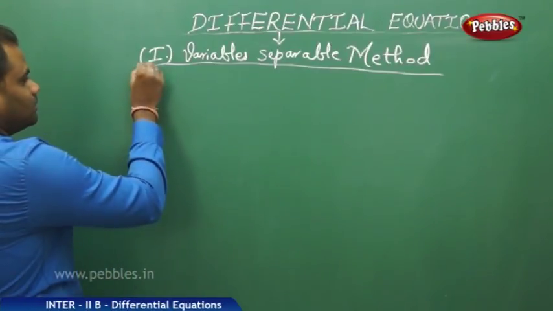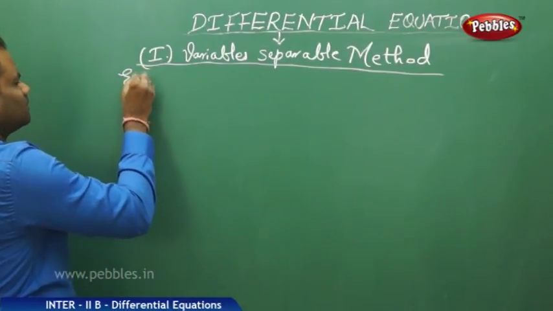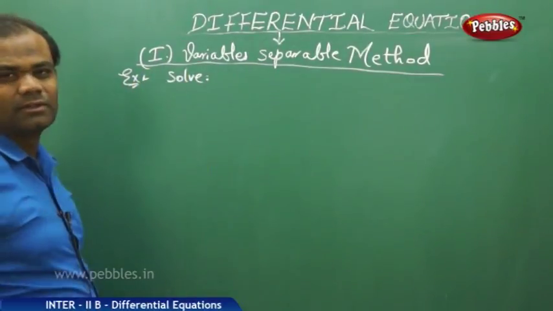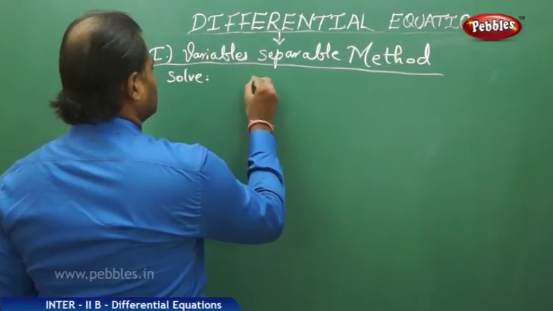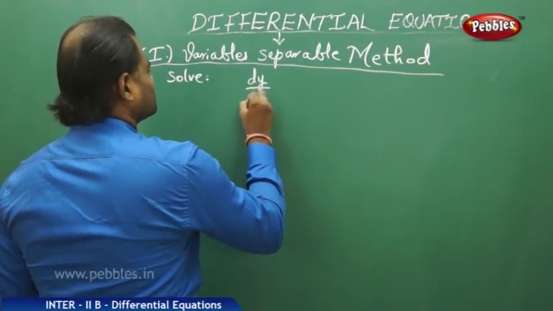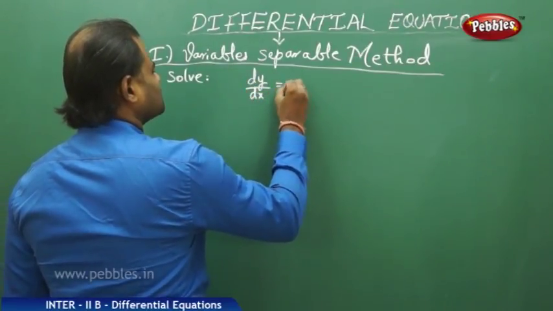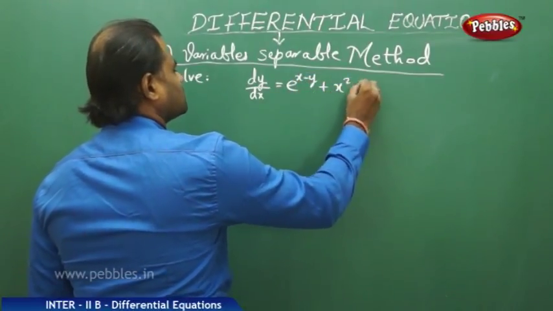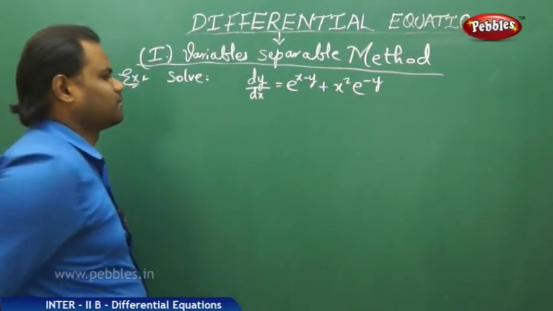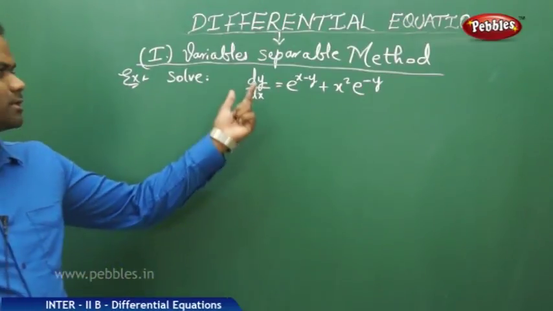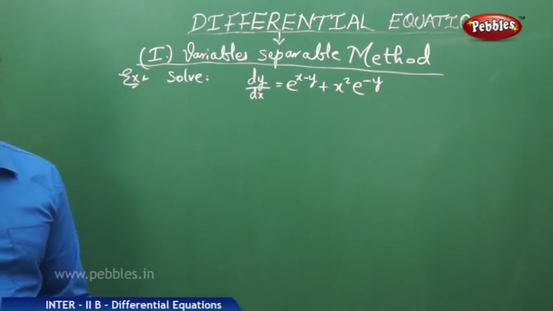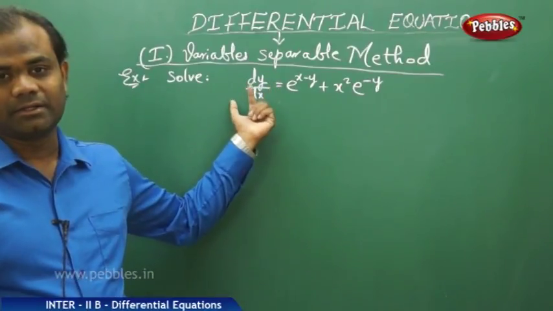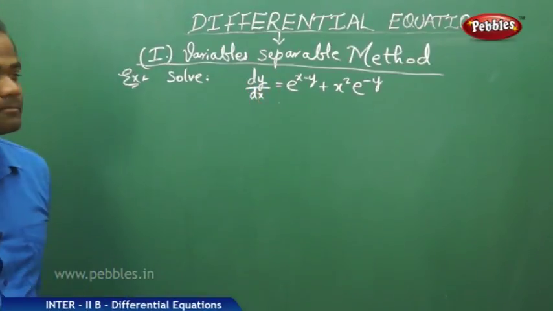So for example, I have the question which says solve the differential equation dy by dx equals e power x minus y plus x squared e power minus y. So I would like to solve this first order first degree differential equation in independent variable x and the dependent variable y.